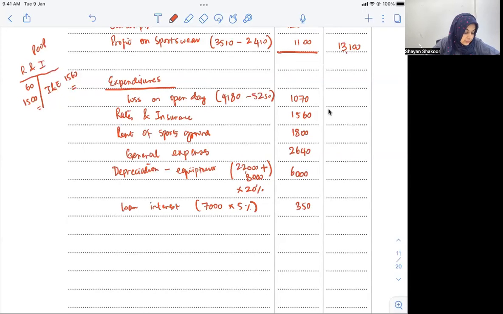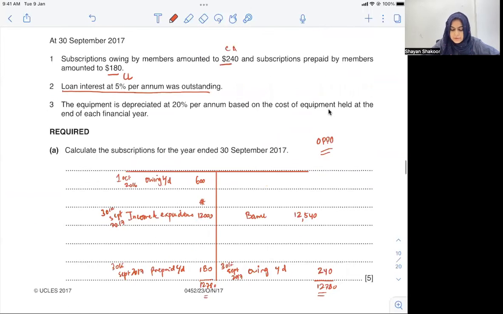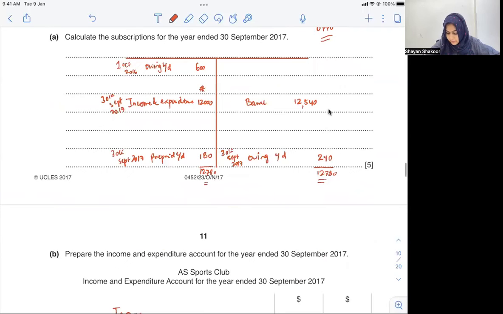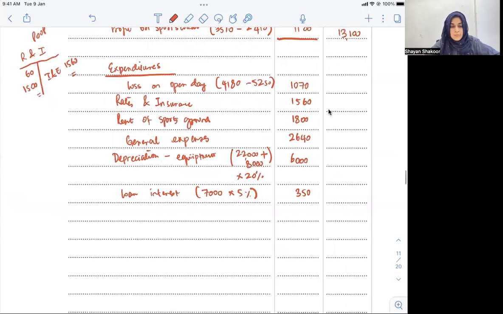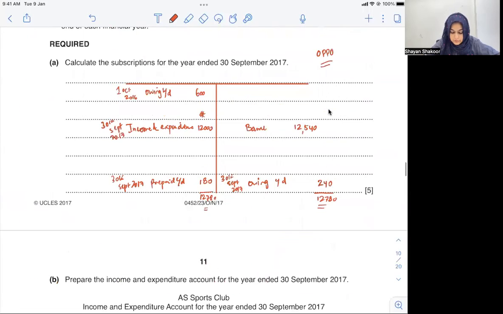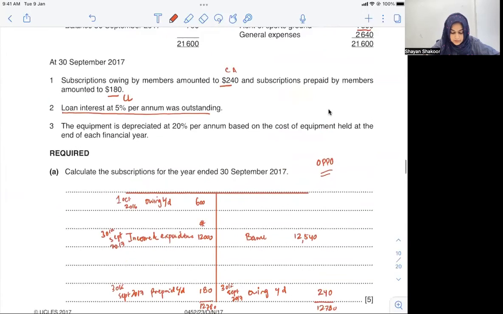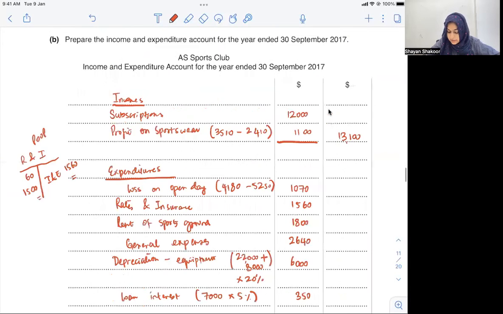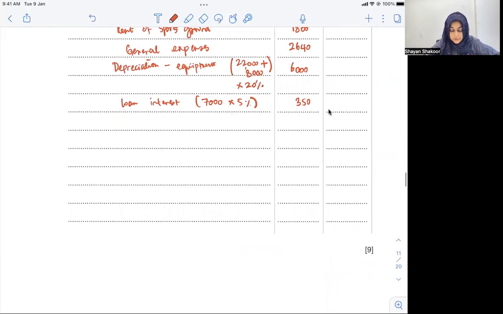So we have 350 here, and then we don't find any other expenses because we've taken all of them. How do I know that? Because if I see the credit side of the receipts and payments account, I have incorporated everything, and I've also incorporated depreciation, plus the information of 30th September, that is for interest. So that's about it. Now we can total the expenses.